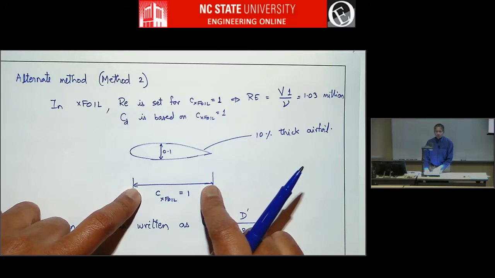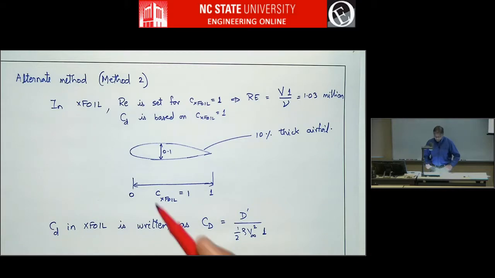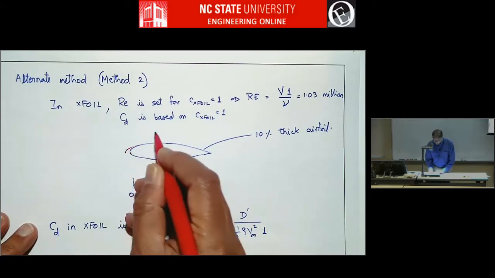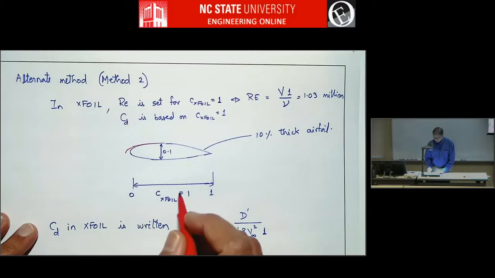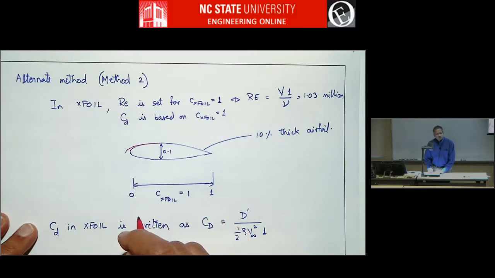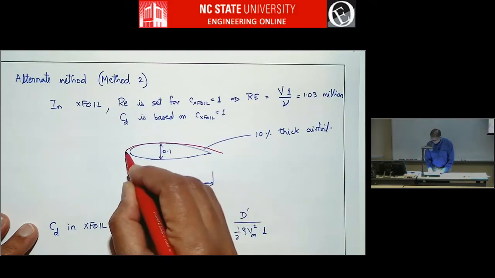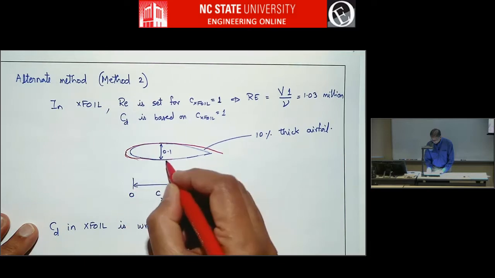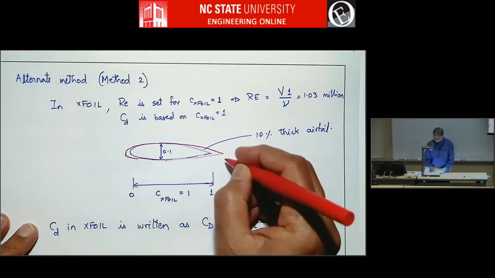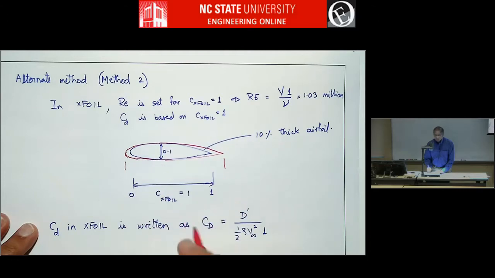So when you go to a 9% thick airfoil, you can go and increase the chord length inside X-foil so that the chord length becomes, what should it be, 1.11? Can somebody do 1 over 0.09? Is it 1.11? Yes. Okay.